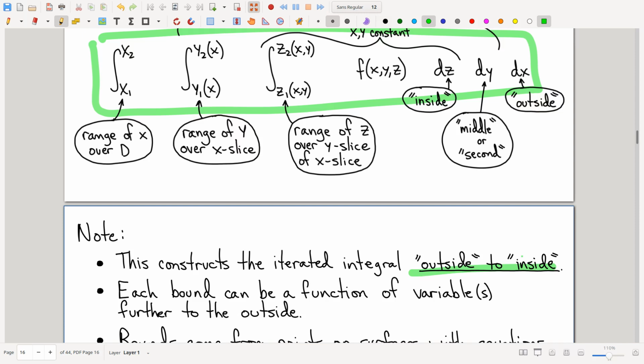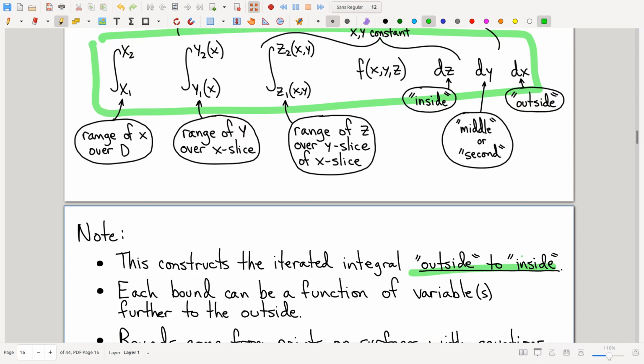Whatever your f is, whatever your mass per unit volume is, whatever your quantity per unit volume is, that's what's given and known, and so the dz integral I can actually crank out. And once I know that, then I know my integrand for my dy integral. And once I crank that out, then I finally know my integrand for my dx integral. So always inside to outside.